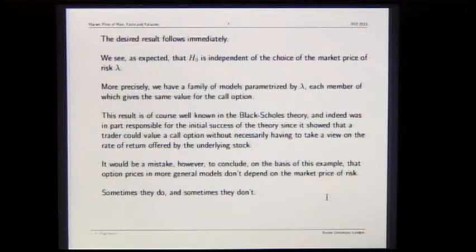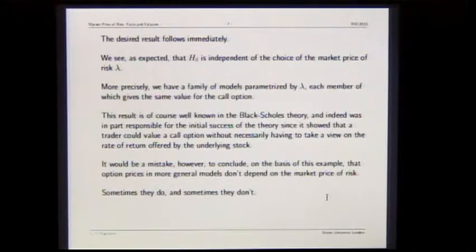So we see, as expected, that H naught is independent of the choice of the market price of risk. Or to put it another way, if we look at these various models in the family of models parameterized by lambda, then each model gives the same value for the call price. Well, there's nothing at all controversial about this. This is a standard, well-known result in the literature.